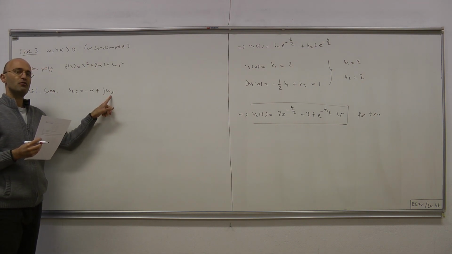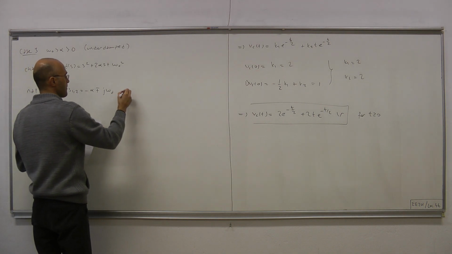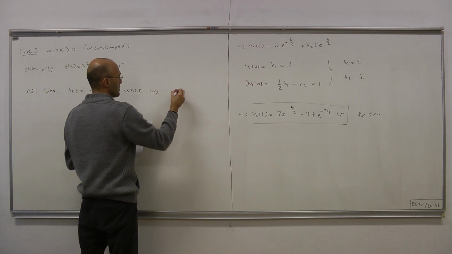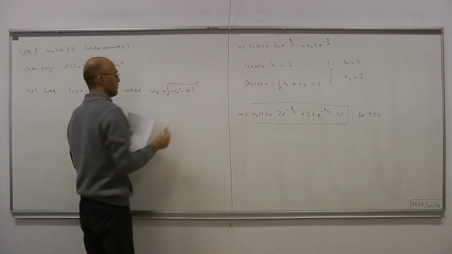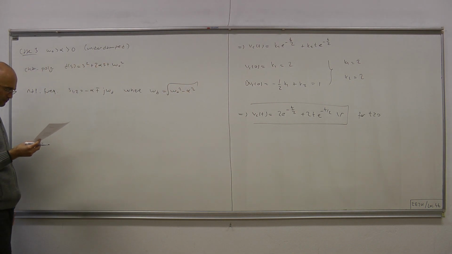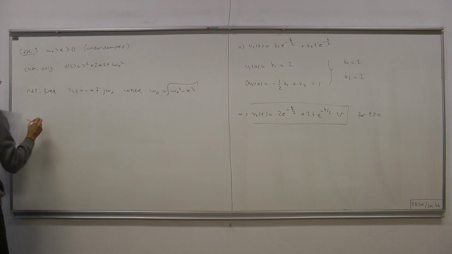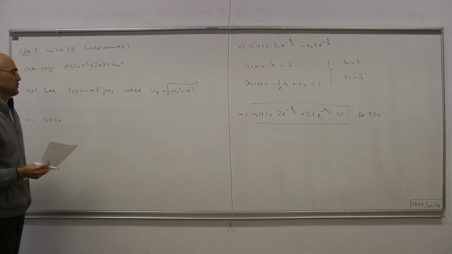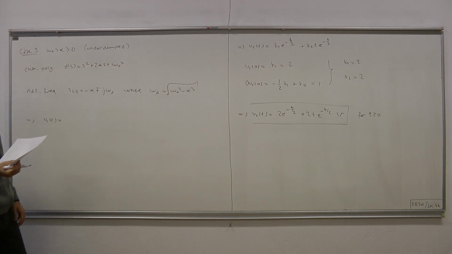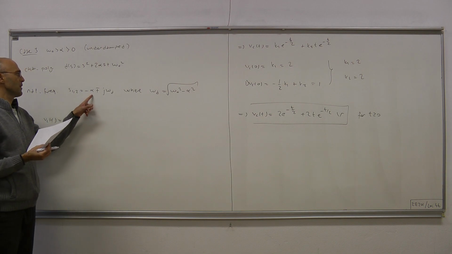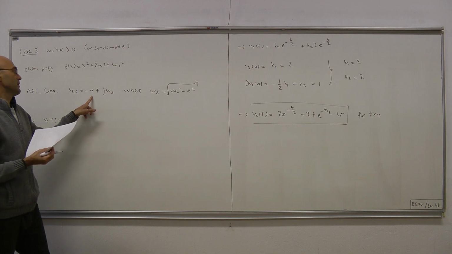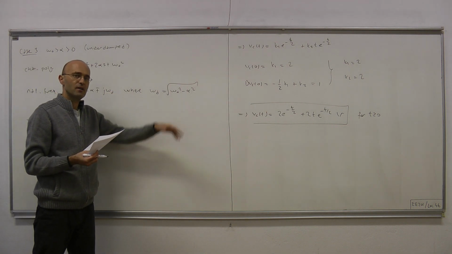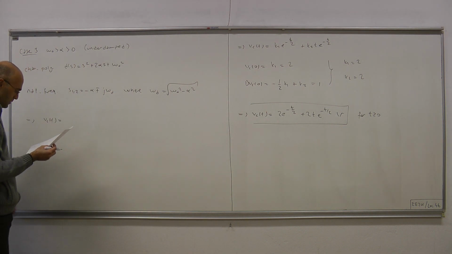So this is the frequency of damped oscillations, where omega d is defined as the square root of omega 0 squared minus alpha squared. Okay, so when that is the case, capacitor voltage and also the other variables in the circuit start to display oscillations, and because we have a non-zero real part for the root, those oscillations will not last forever, but they will be decaying as time goes on.